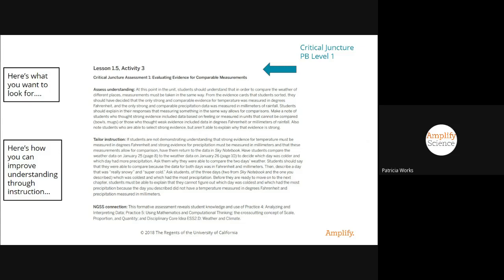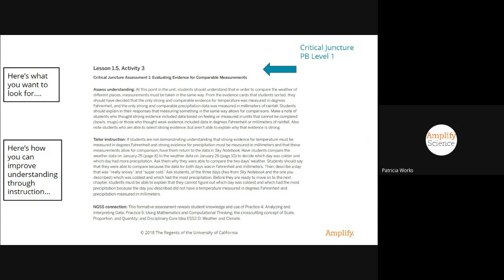And they're comparing that evidence to find out whether or not it is measured in standard units, temperature in degrees Fahrenheit and rainfall in millimeters. They select 1 strong and 1 weak example of evidence, and they use that to describe why that evidence is a strong or weak example on page 12 of their Student Investigation Notebook.